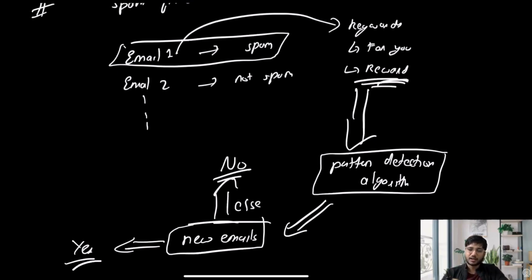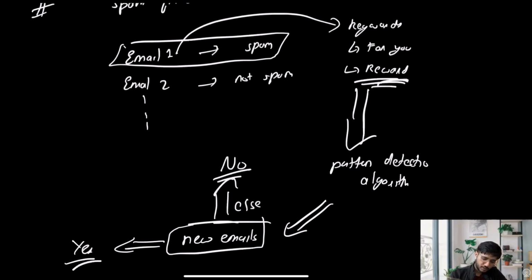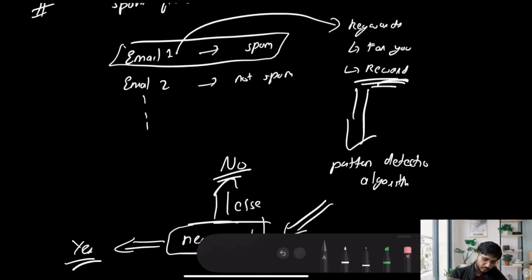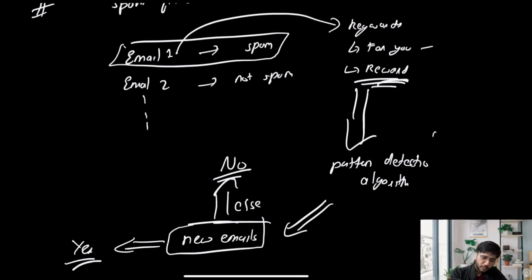Now imagine that fraudsters will keep on improving, right? They will keep on changing the keywords and the text. For example, "for you" could be replaced with something else, or with "4 u" as well, right?